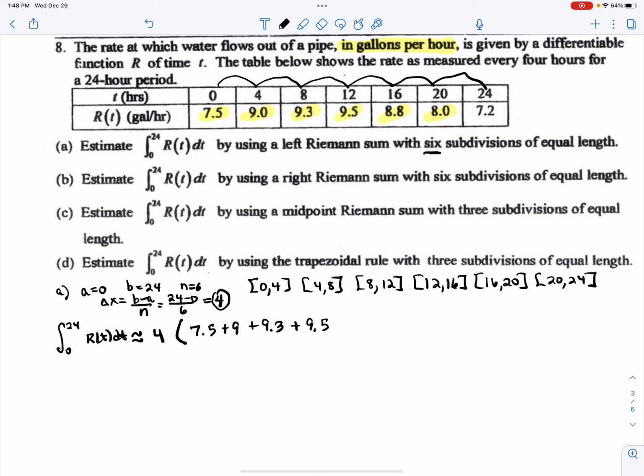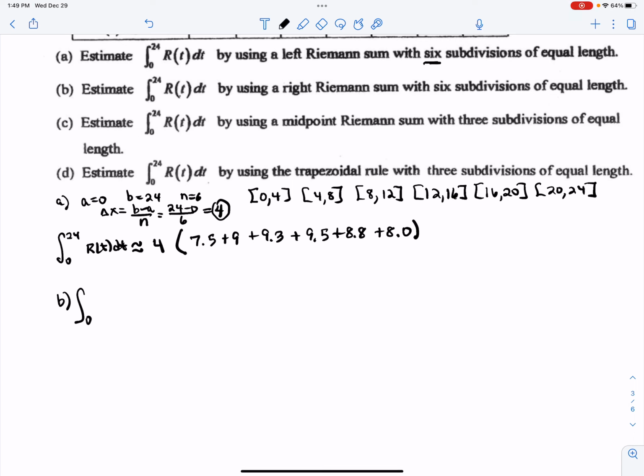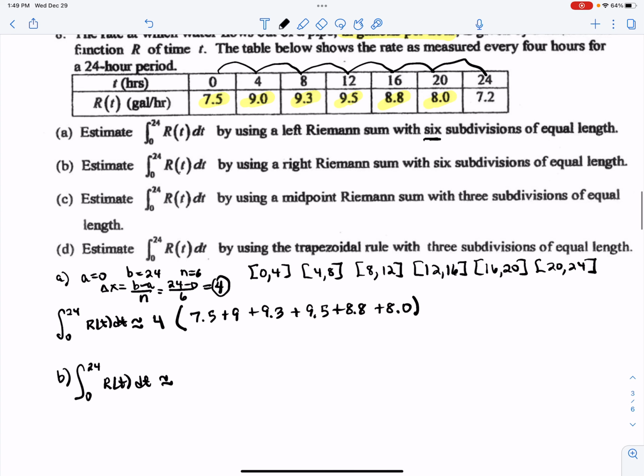Okay. Now, if we were to do the same number of subdivisions using right RAM, all right, I should put this in yellow to be consistent. These are the right, these are the left. Now we're going to do the right.